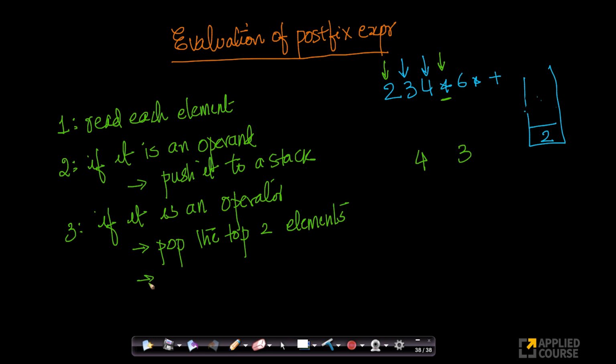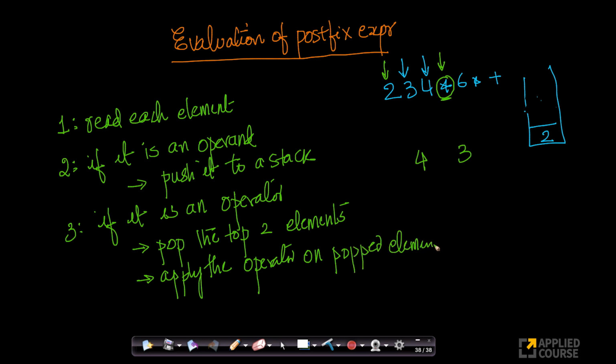Second step, once you pop them, what is your operator now? My operator is star, which means multiplication. Apply the operator on the popped elements. We get 4 and 3, so apply multiplication on both of them.